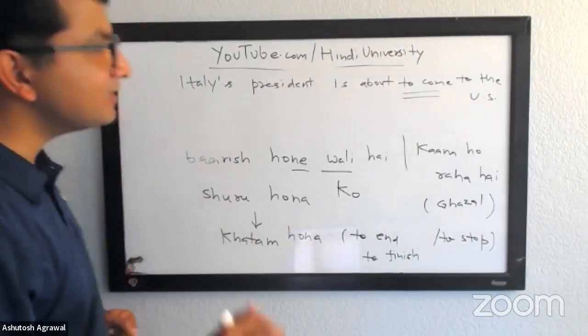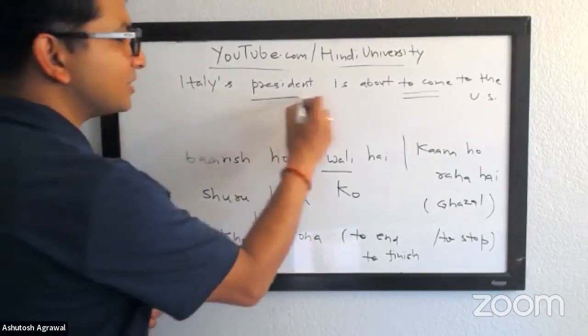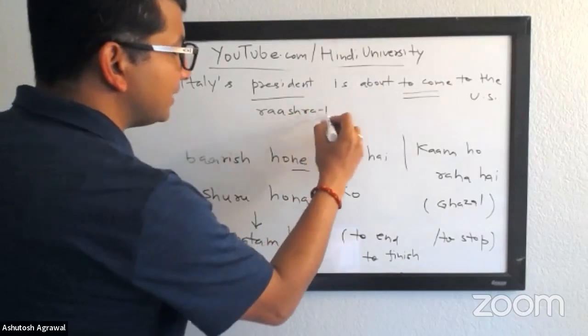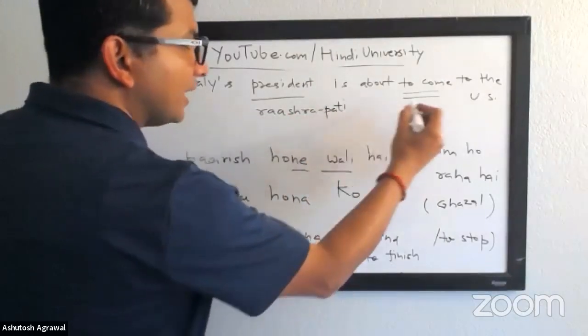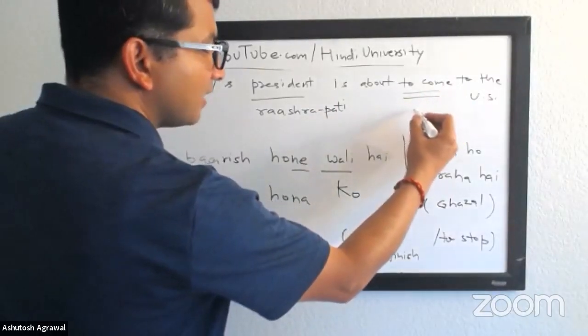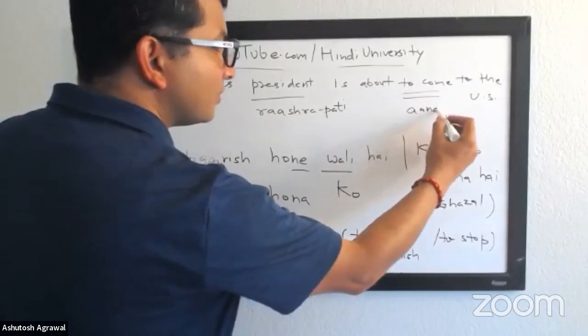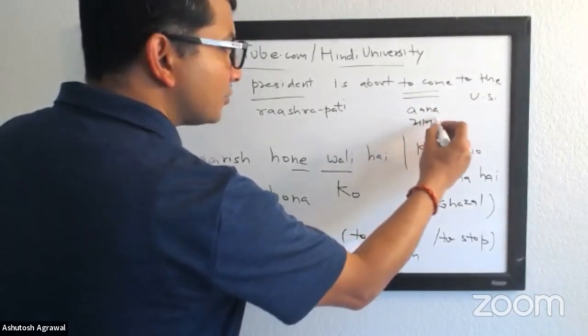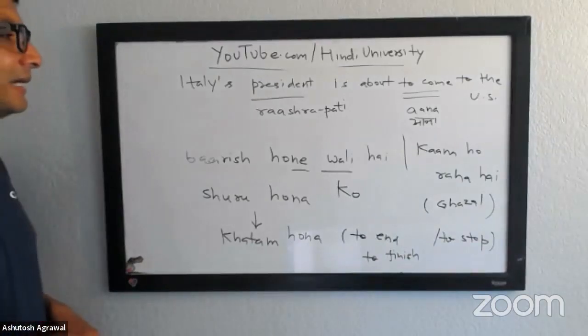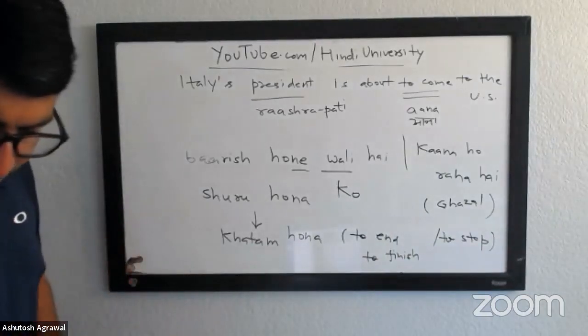Let's say Rashtrapati is the president. And Linda ji, what is the verb here, to come? Ana. Okay, I gave you enough hint, guys. Why don't you take some time and write both ways of saying it in Hindi: Italy's president is about to come to the US.